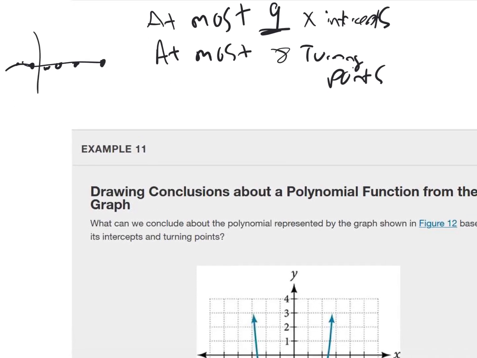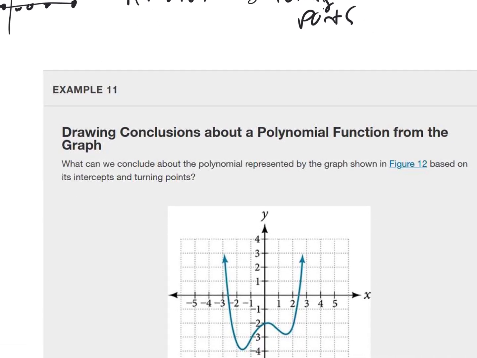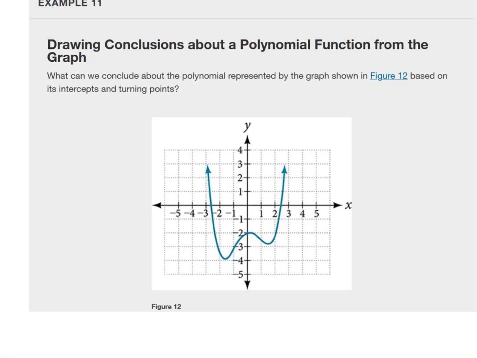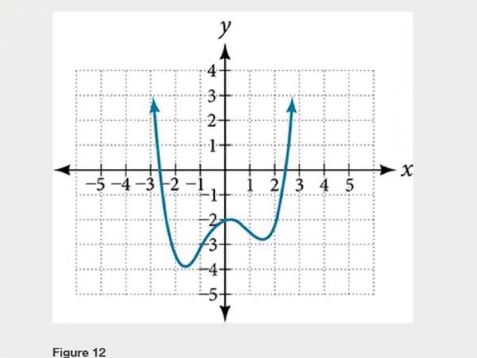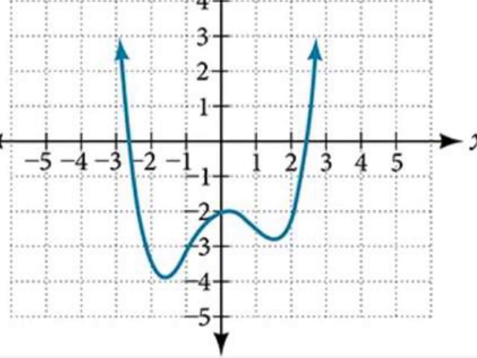All right. Example 11. Draw conclusions about a polynomial function from the graph. Okay. What conclusions? I see a beautiful y-intercept there. So that would be (0, 2) could be the y-intercept.